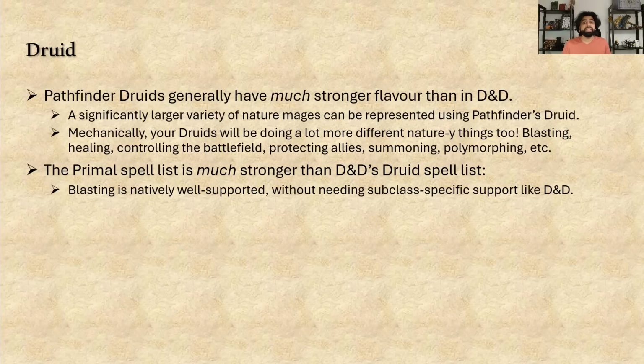So Druids are really pushed into that summoning playstyle or polymorphing playstyle if they want to deal damage, which again kind of goes into how I think D&D Druids don't deliver on their fantasy. Pathfinder, on the other hand, you can build a Druid and you can say, because I'm a nature mage, I am kind of like the Avatar, and you will feel like the Avatar when you do it.